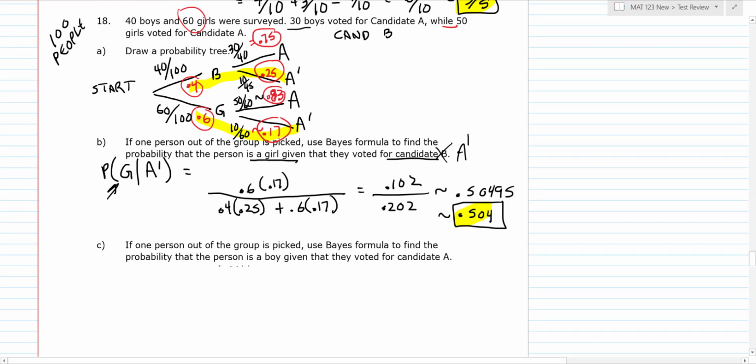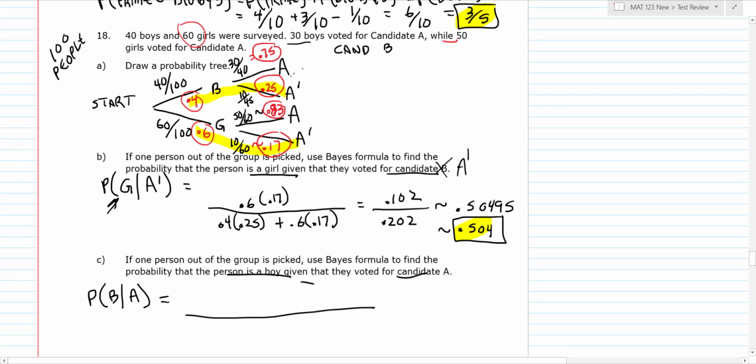Now the next one goes like this. This one says the probability the person is a boy given that they voted for candidate A. So we're doing probability of a boy given candidate A. How are the ways to get to A? The ways to get to A are this way and that way. So your denominator is going to be 0.4 times 0.75, kind of the green route, or 0.6 times 0.83.